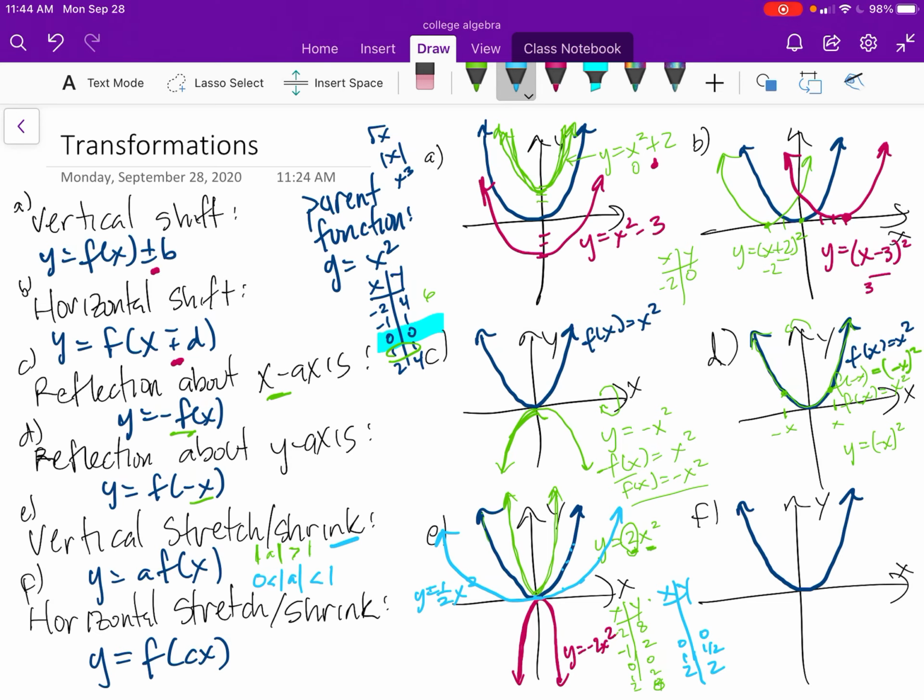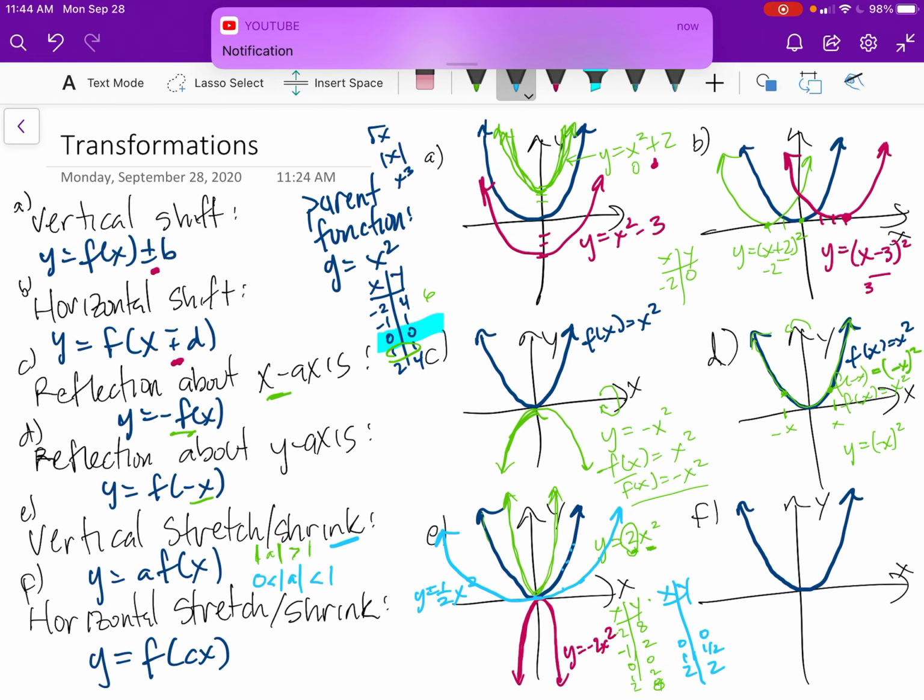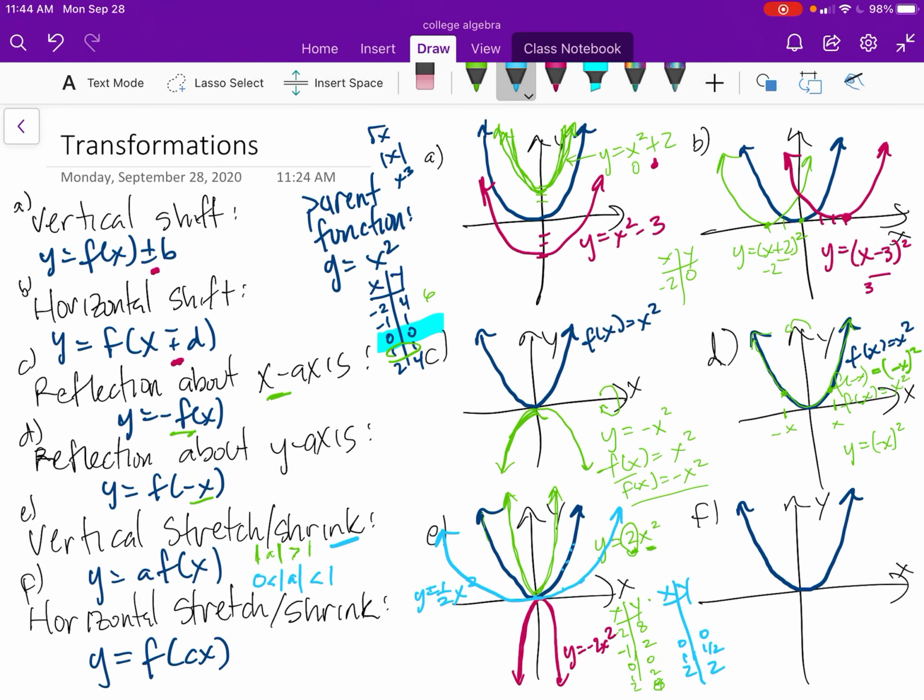Alrighty. So there's vertical stretch and shrink. So how about horizontal? A horizontal shrink would look, let's do green, something like this. So what if I did y equals 2x squared? Notice in here they use c. It doesn't really matter what variable, what textbook, what website you look at. They may have a different variable there, but in this book we have c.